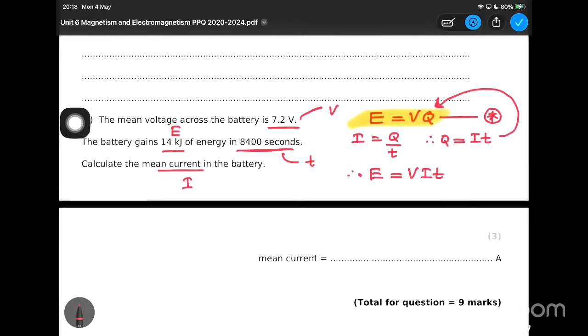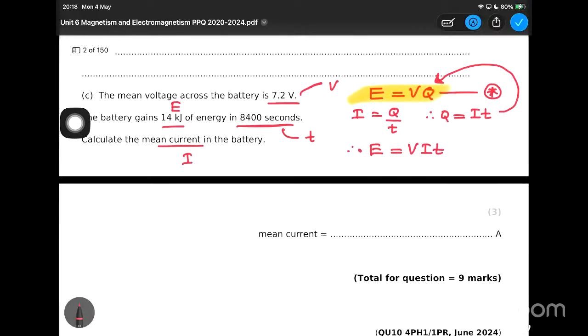For the formulation of these equations, there might be some marks awarded, but in this case, you can see there are only 3 marks, which means the final one will be awarded for the final answer. Another one will be awarded for the correct equation, and the second mark will be awarded for the correct application of data, right?